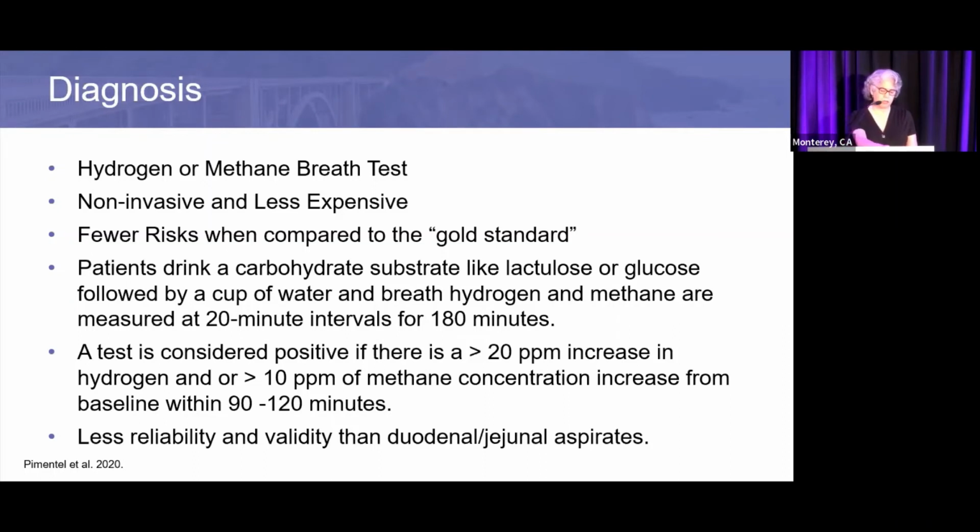So here's what we instruct our patients to do for the breath test. No recent use of antibiotics or probiotics for 2 to 4 weeks. No probiotic agents, no stool bulking agents 1 week before the procedure.